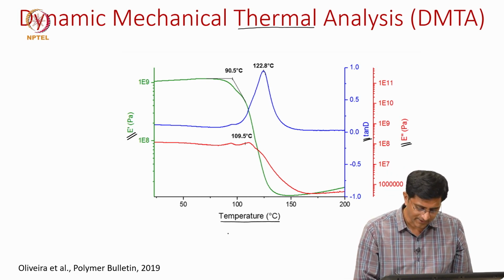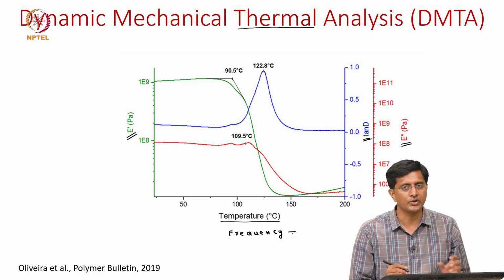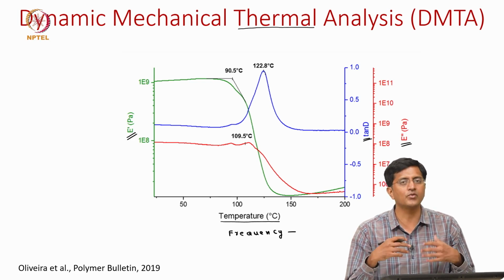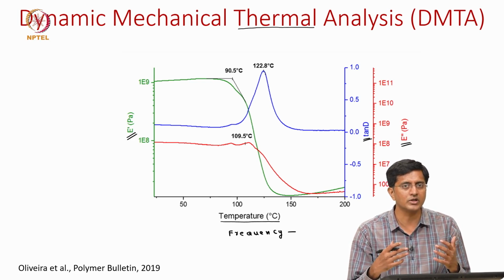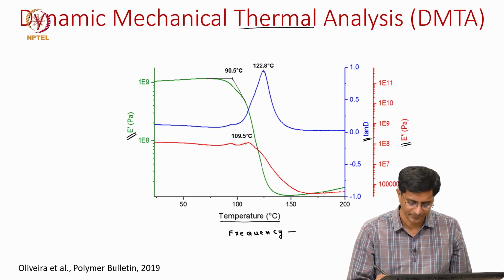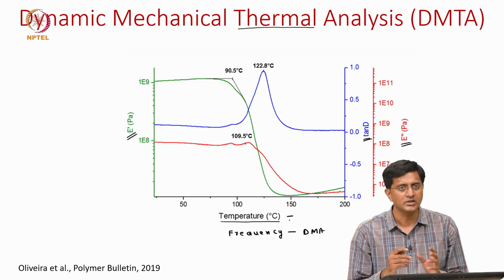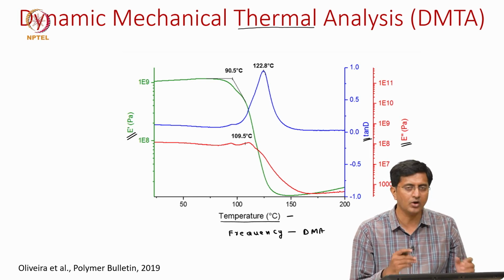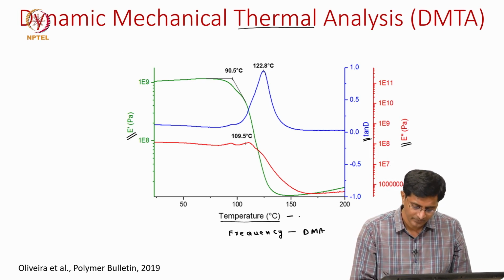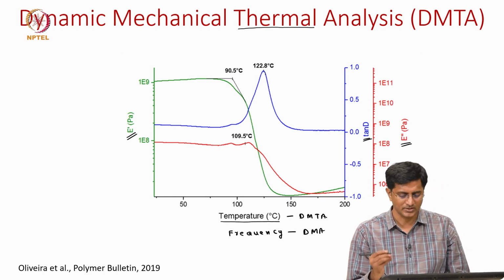Earlier the x axis was frequency, going from a low value to a high value, and we were looking at how the modulus values vary with frequency. Now we keep the frequency constant and, by varying the temperature, look at how these modulus values vary, which is the DMTA, standing for dynamic mechanical thermal analysis.